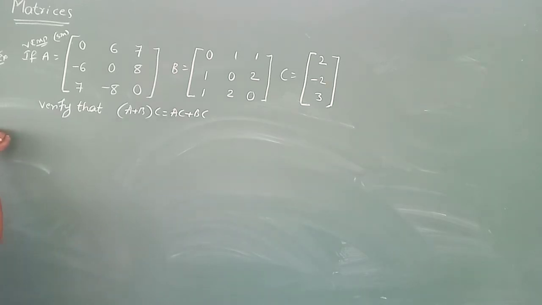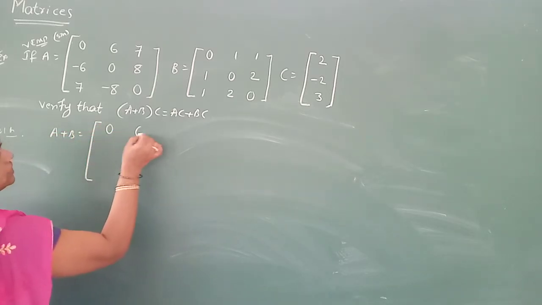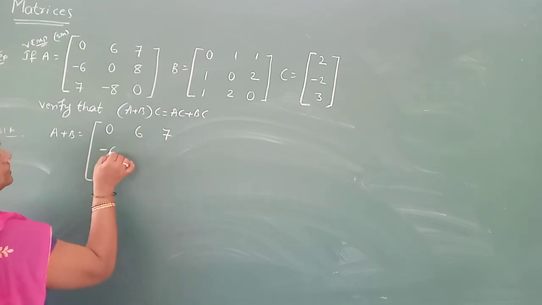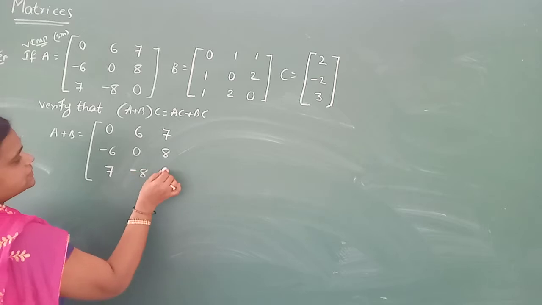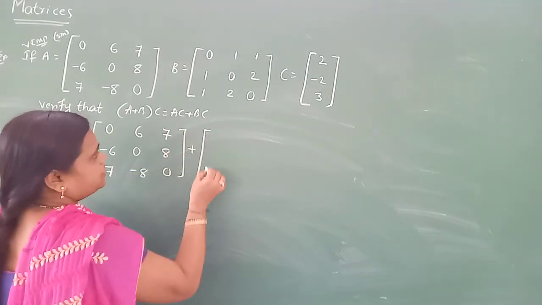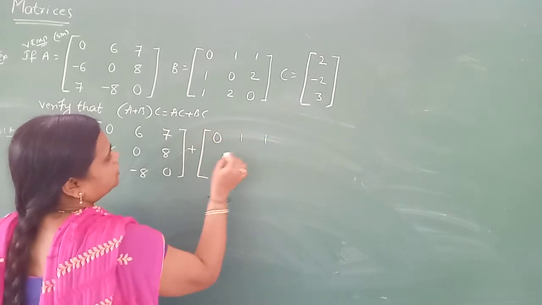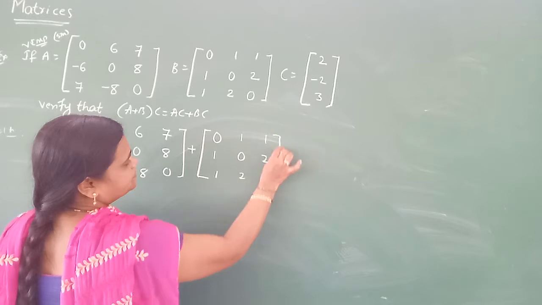Solution. A plus B. What is A? 0, 6, 7, minus 6, 0, 8, 7, minus 8, 0. Plus B. B is 0, 1, 1, 1, 0, 2, 1, 2, 0.